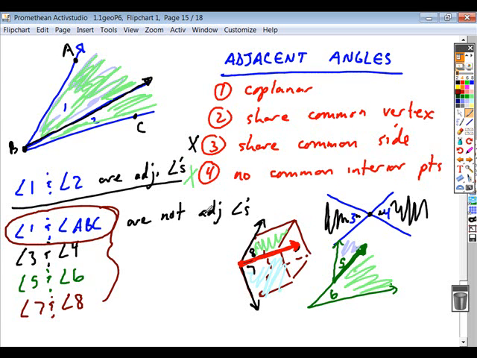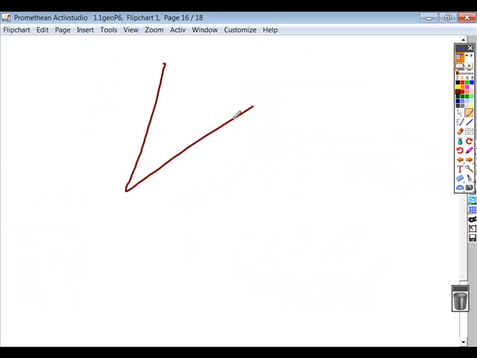It just means that one angle cannot be contained in the interior of the other angle. They each have their own unique interiors. So if you had these two angles right here, angle 1 and 2, is there any overlap in their interiors? No. So that's the definition of adjacent angles.